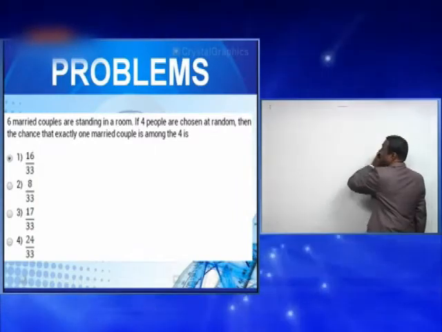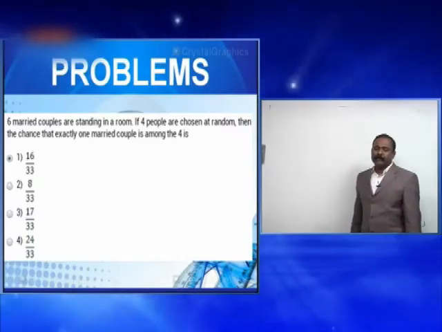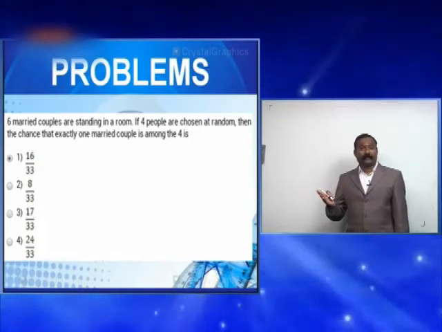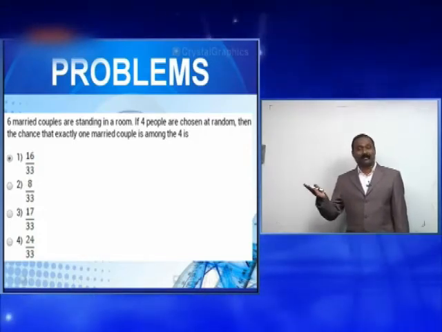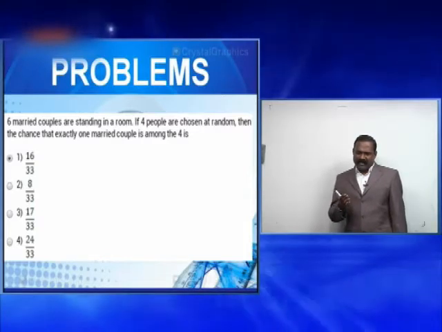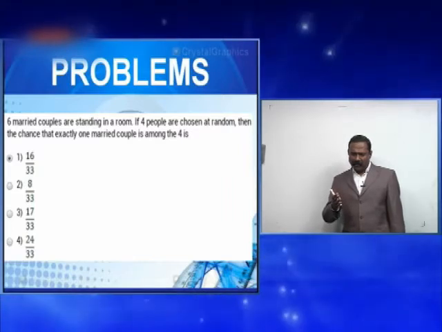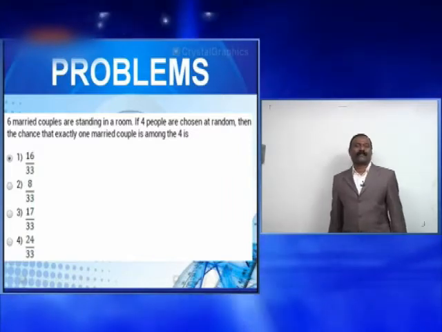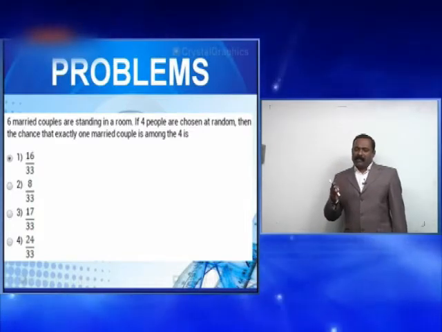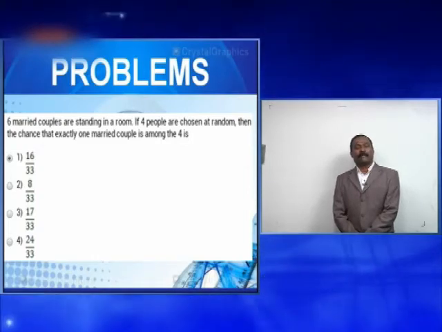It is 6 into 2, 12 persons. If 4 people are chosen at random, then the chance that exactly one married couple is among the 4 is?